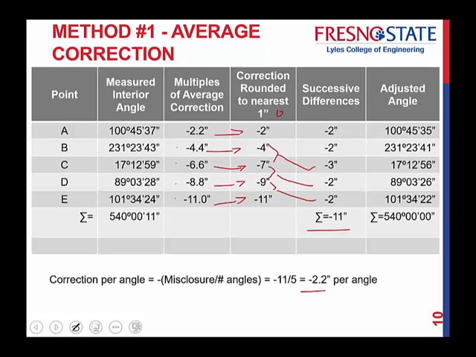That way, when you make those corrections onto your angles, it all adds up to exactly 540 degrees. So that's one method to balance your angles, taking that exact average, and showing you one simple way to go through the rounding portion so it all ends up being even.